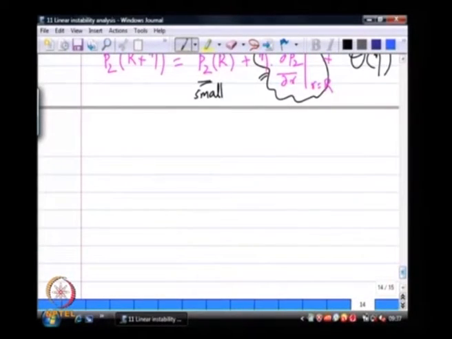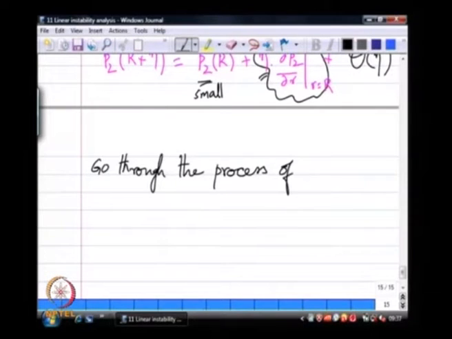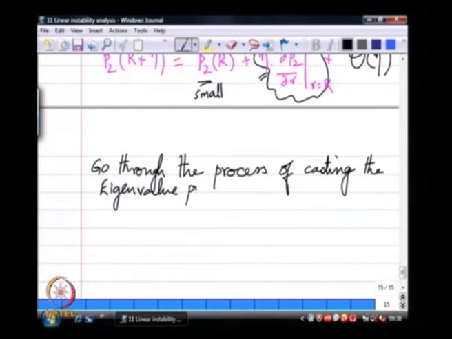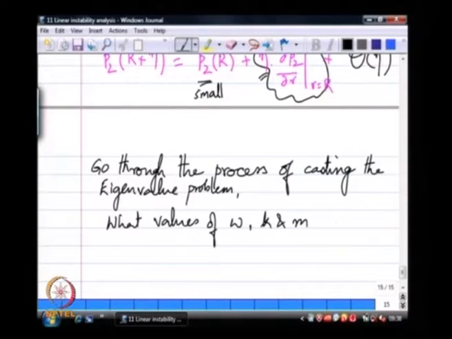So, if I take all of these equations and go through the process of casting the eigenvalue problem, that is, we ask the question, what values of omega, k and m yield non-trivial solutions.